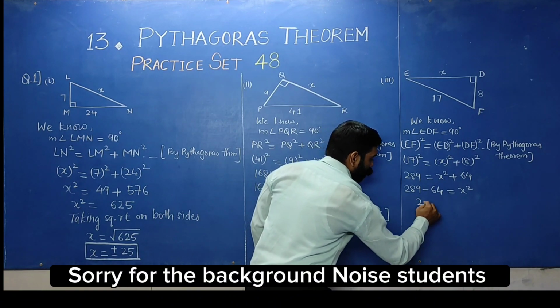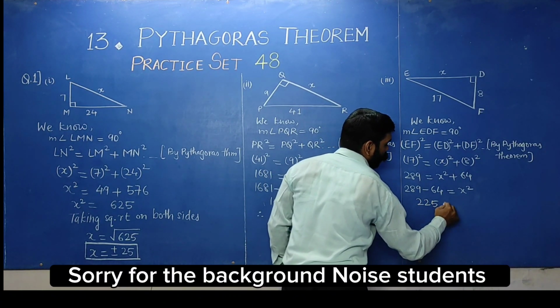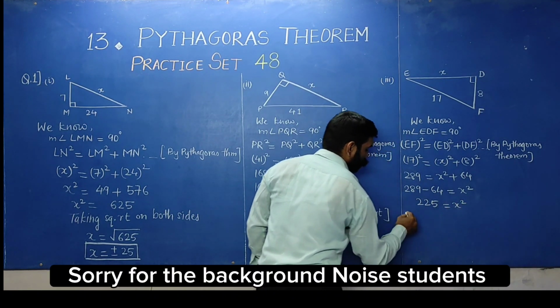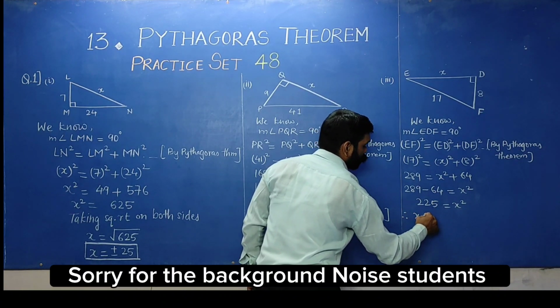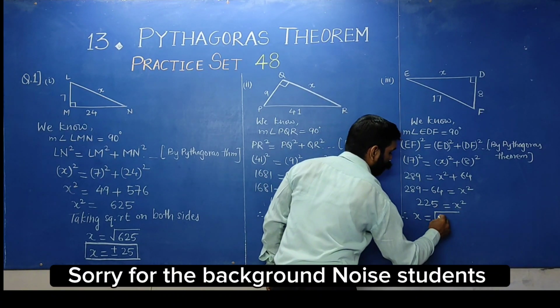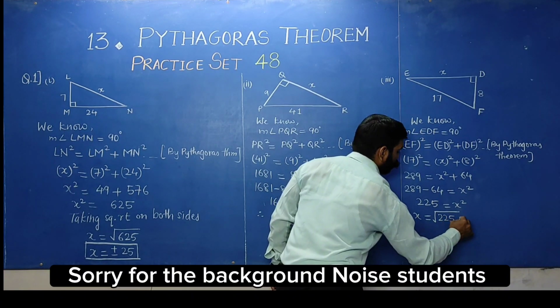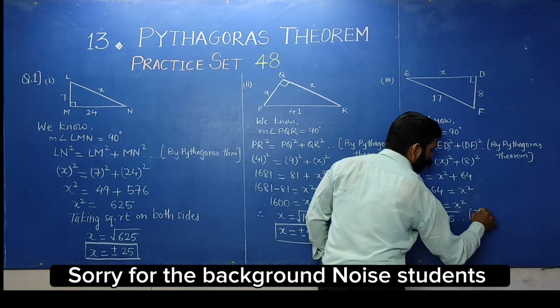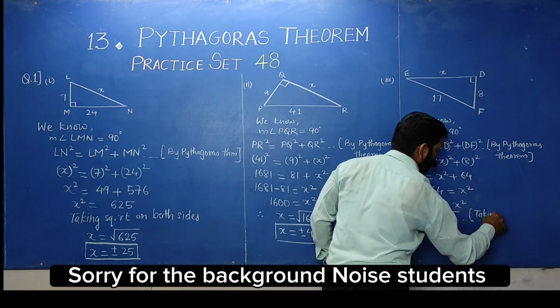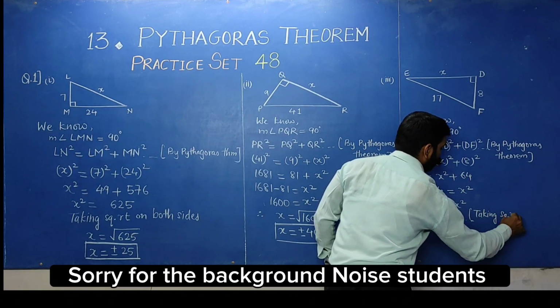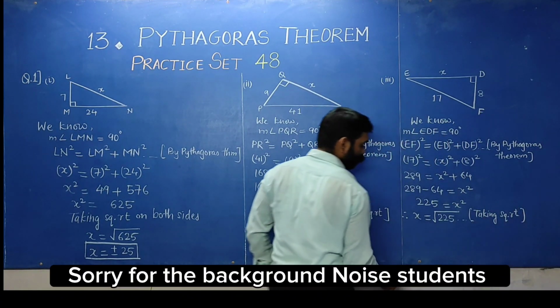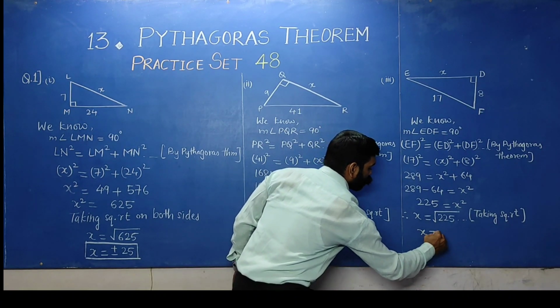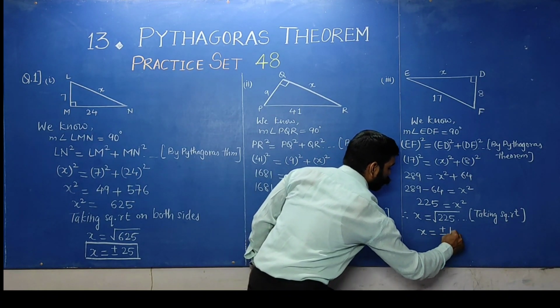We will get after subtraction 225, x square. Therefore x is equal to root of 225. We will write taking square root. We will get x is equal to plus minus 15.